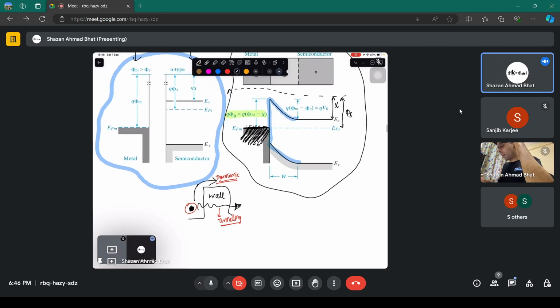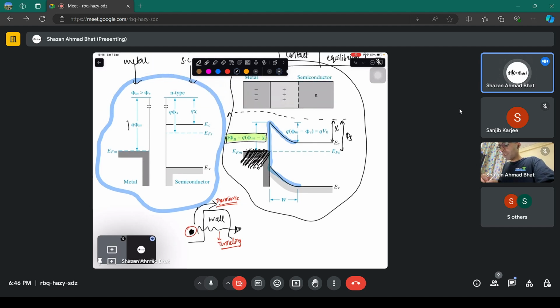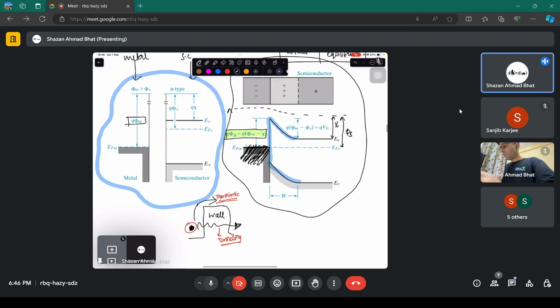Now, how do you compute this particular barrier height? Whenever the contact gets formed from this scenario, the difference between the Fermi level of the metal and the electron affinity will be the height of this barrier. Why?